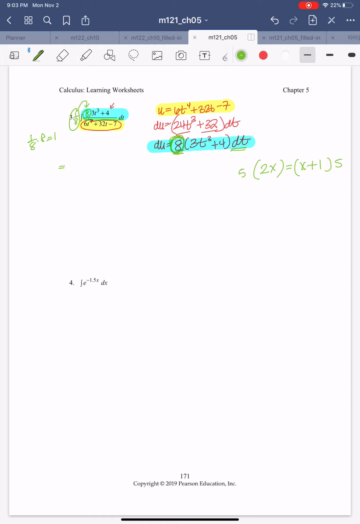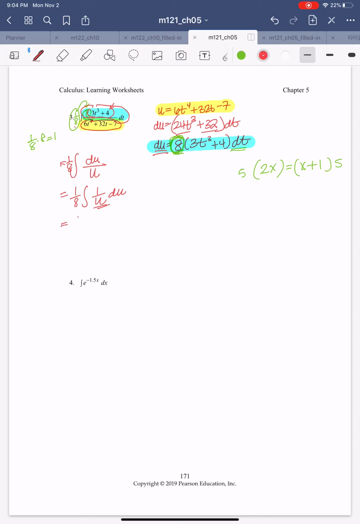All right, so let's keep going. I have this whole thing now, 8 times 3t cubed plus 4 is just the du. And then the bottom one is u. So really I have, and then don't forget that 1 over 8 that you multiplied. So I have 1 over 8, 1 over u du, and that's a ln term.